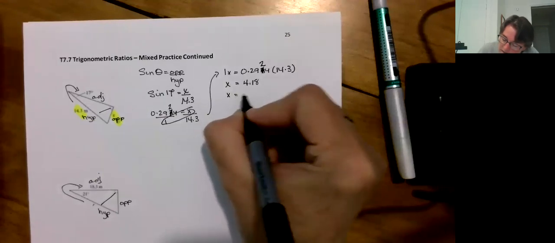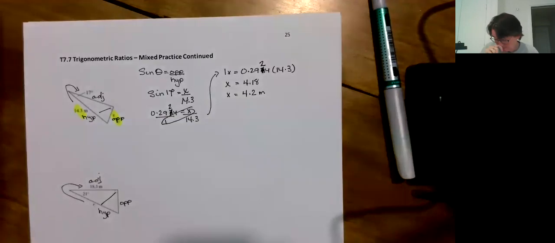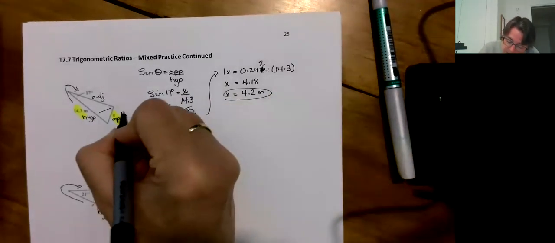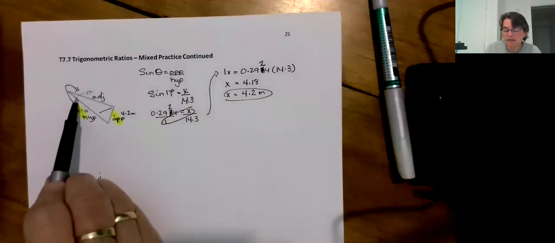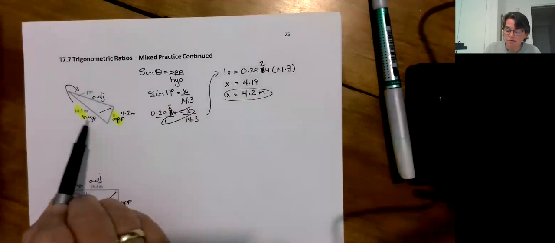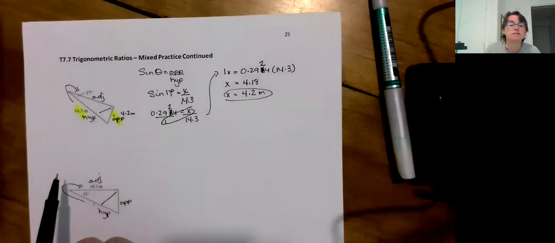So X is going to be 4.2, and it was meters. That makes sense because 17 is obviously the smallest angle in this triangle, and we have the hypotenuse, so this side is definitely smaller than the hypotenuse.